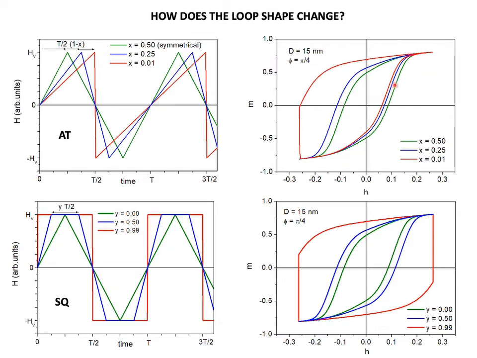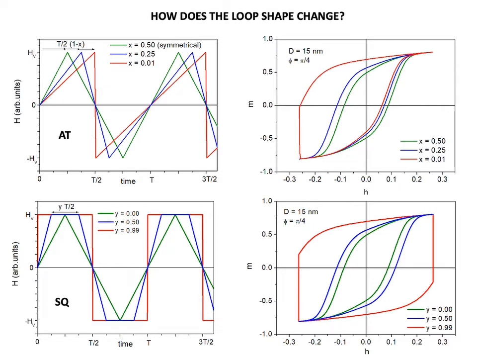Here the red is the hysteresis loop, or towards a square loop, and we can see that the area of the loops changes a lot for the very same dimension of nanoparticles by simply changing the waveform.